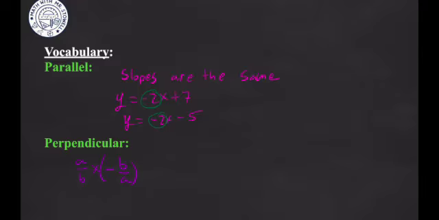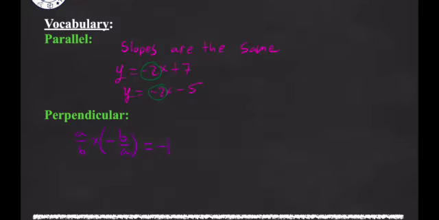If it is perpendicular, then it will always equal -1 whenever you multiply the two slopes together. If you take your two slopes, multiply them together, and it equals -1, it's perpendicular. If it doesn't, we might have done something wrong. By the way, perpendicular lines, whenever they cross, form 90-degree angles. That's what you would have learned in geometry.